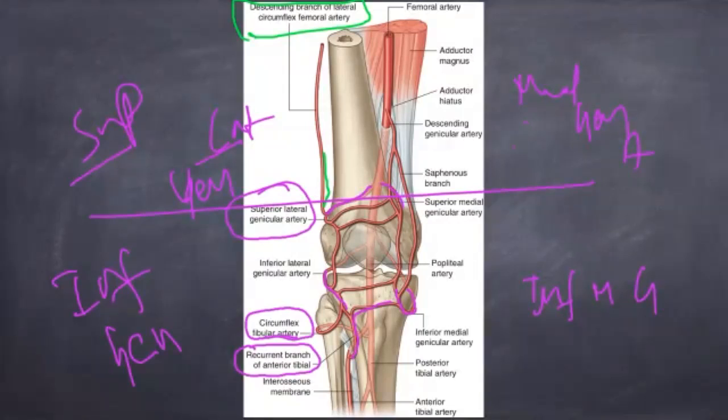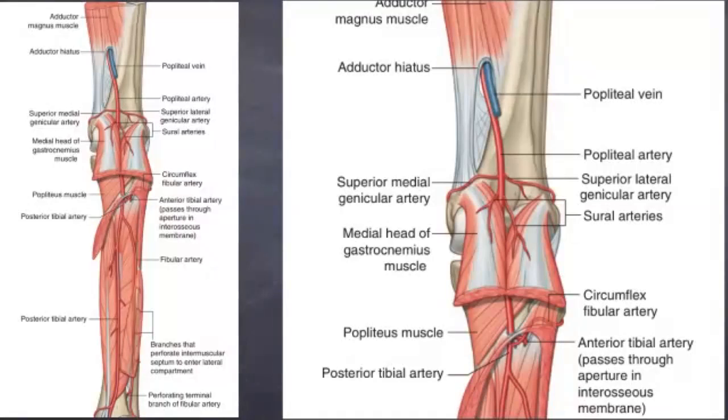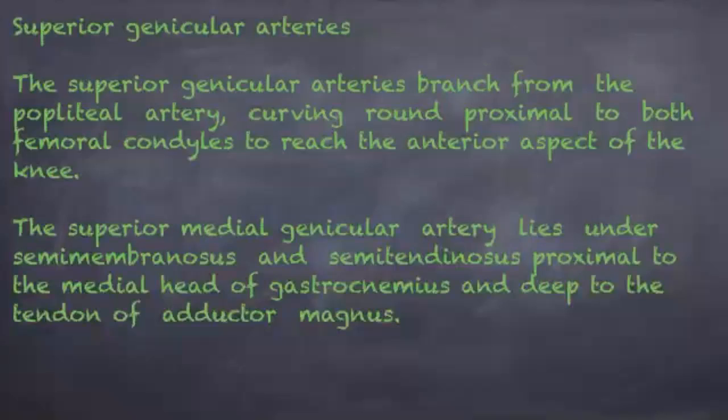So all of these intricately anastomose with one another and form the genicular anastomosis, right? You see the superior genicular artery, superior lateral. These are the branches of the popliteal artery again.